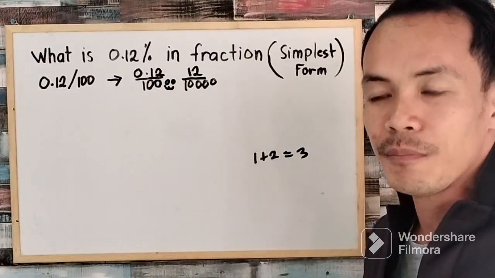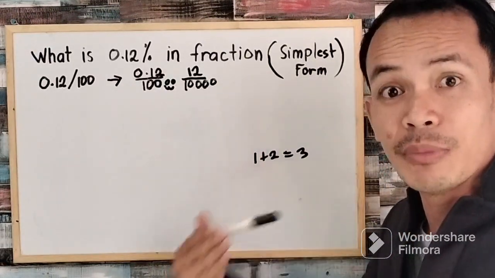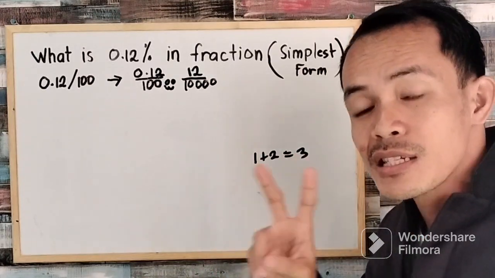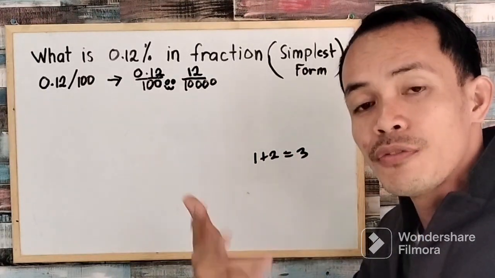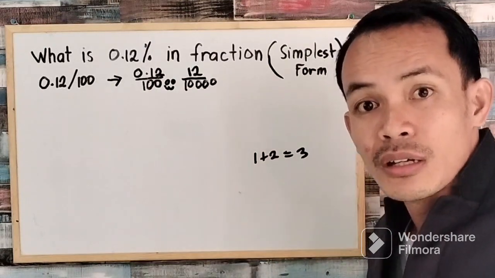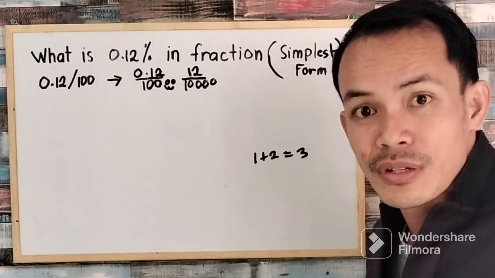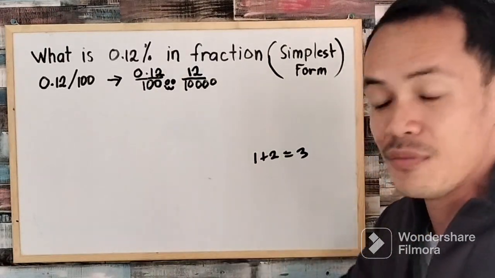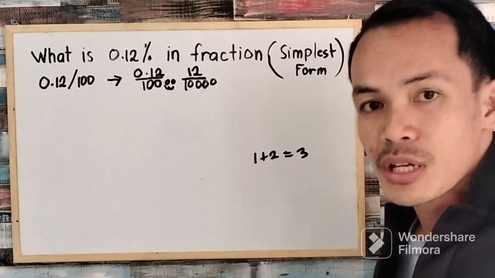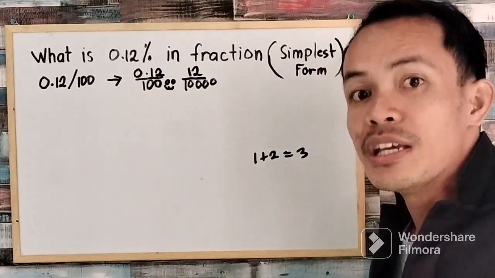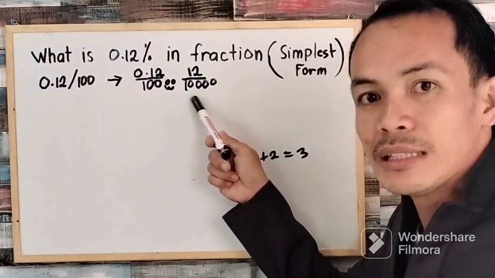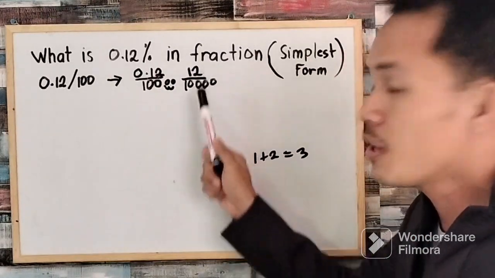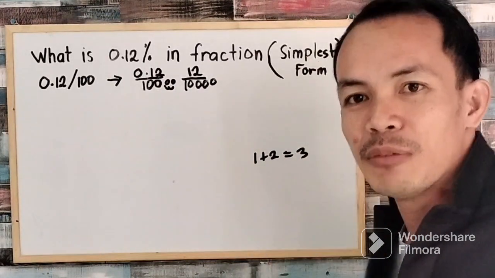There is another way to determine if a number is divisible by 4: if the last two digits of a number are zeros, or the number ends with 2 zeros, then it is divisible by 4. Does 10,000 end with 2 zeros? Yes. So 10,000 is divisible by 4. So 12 and 10,000 can both be divided by 4.